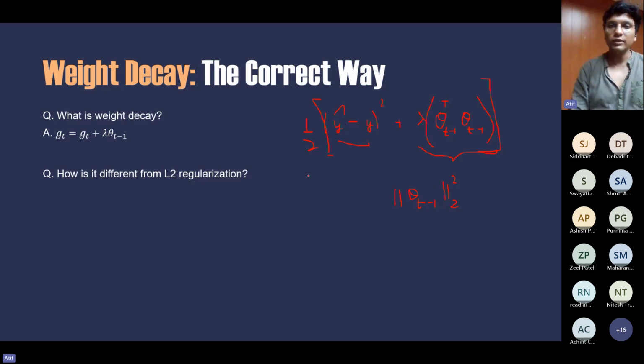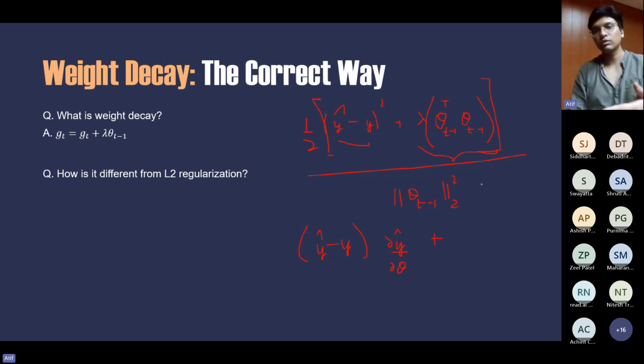Okay. So now if I just differentiate this, what do I get? I get y cap minus y, and the 2 gets cancelled out. And then you will have some like del y cap by del theta t minus 1. I'm not writing the t. And then plus you would have theta t into theta transpose into theta.